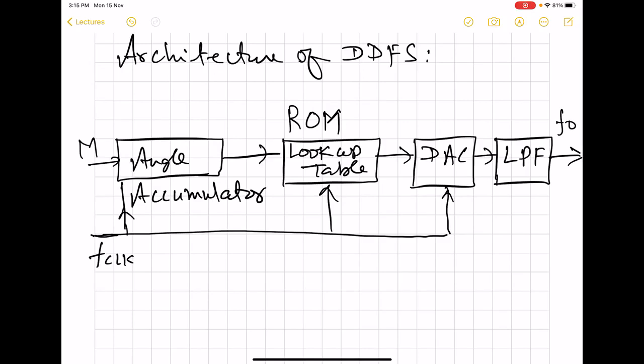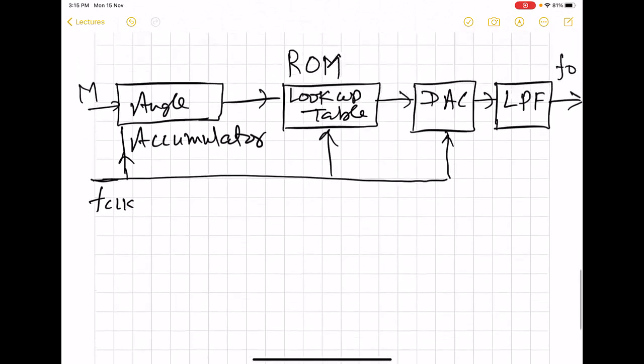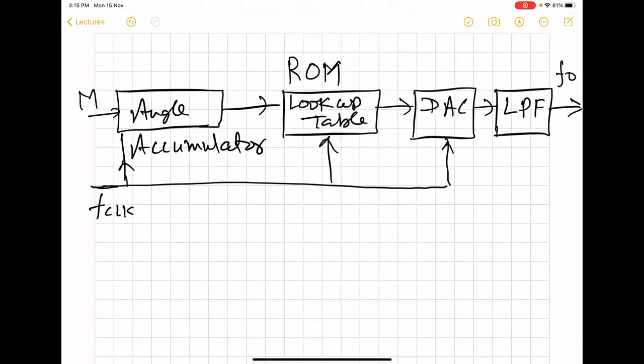So here, what is the basic idea behind functioning of this is that, we know that suppose we want to produce this output as a sine theta, where theta will be omega naught t.